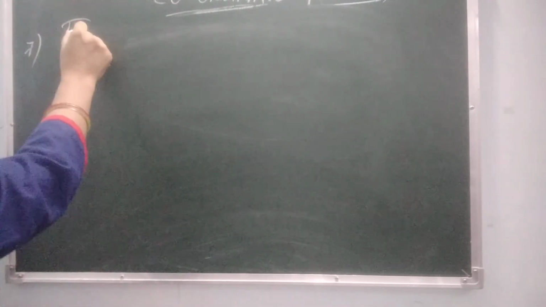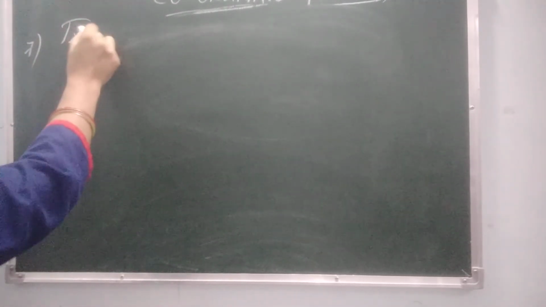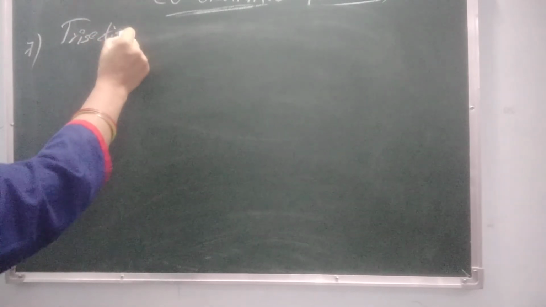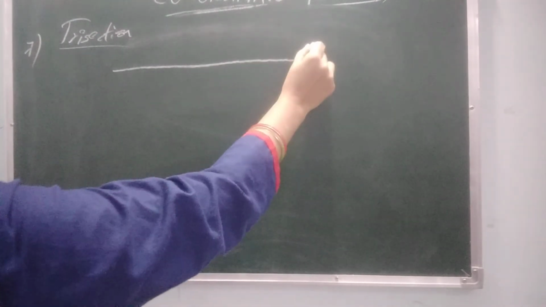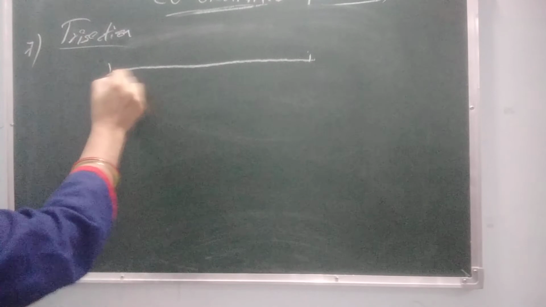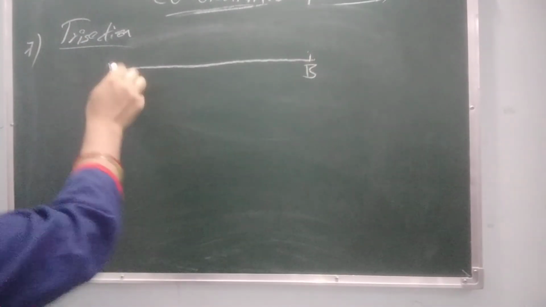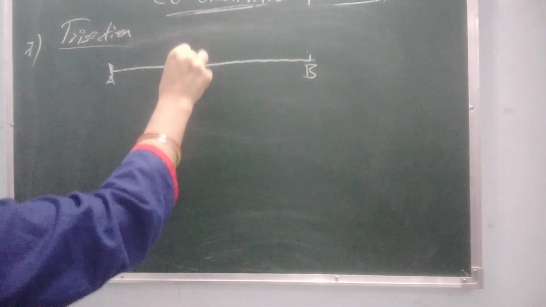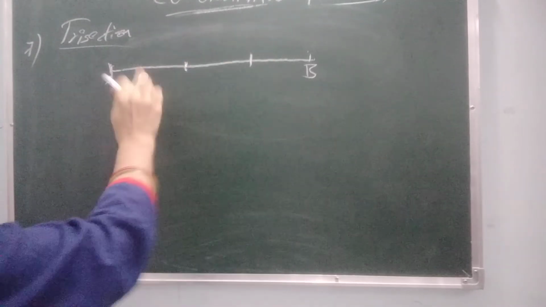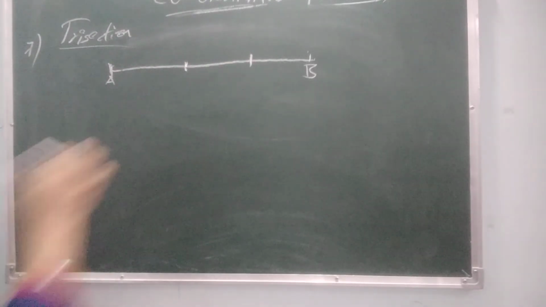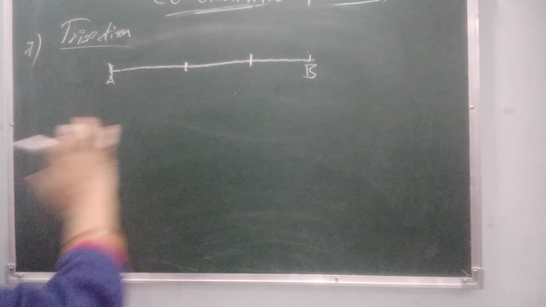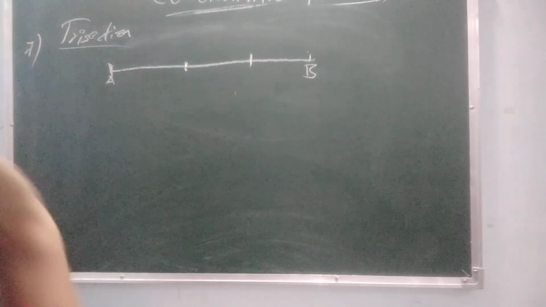Now coming to our next question on trisection points. Trisection means the points which divide a line segment into 3 equal parts. We take any 2 points which divide a line segment into 3 equal parts, that means 1, 2, 3; these are said to be trisection points.